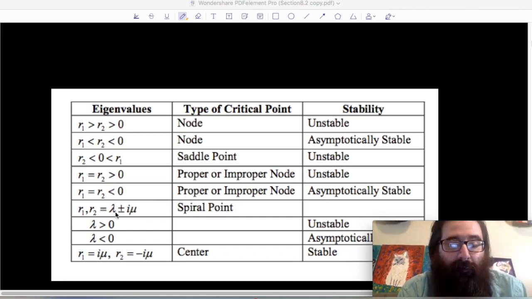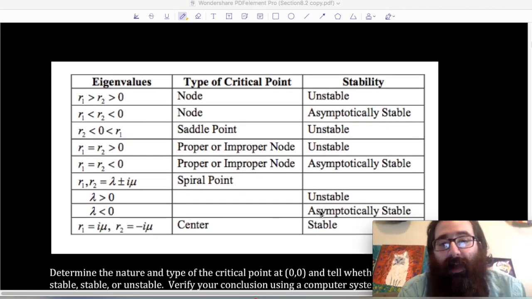If they're complex, then we have a spiral point, and depending on whether the real part is positive or negative, we'll be able to tell the stability. If the real part is positive, we're unstable. If the real part is negative, we have an asymptotically stable spiral point. And if they are pure imaginary, if it's just the complex part with the real part 0, then we say we have a stable center.